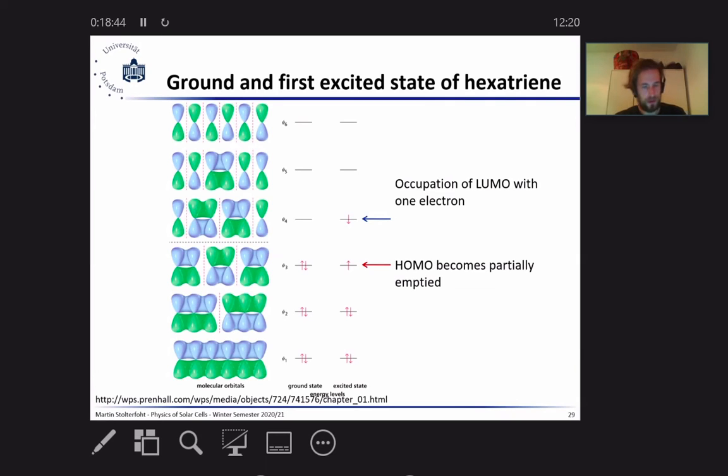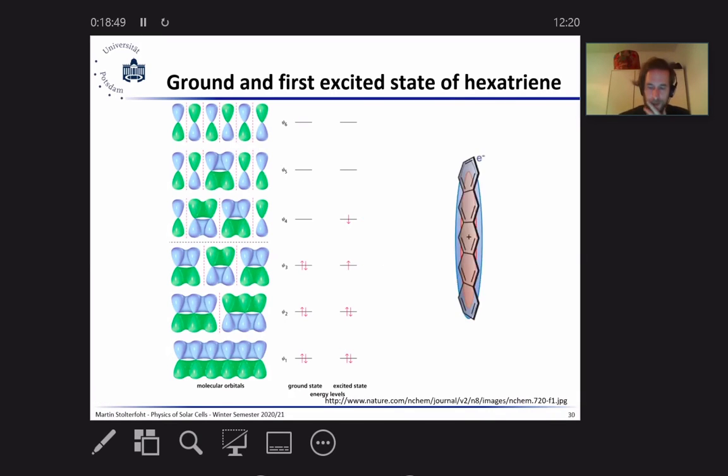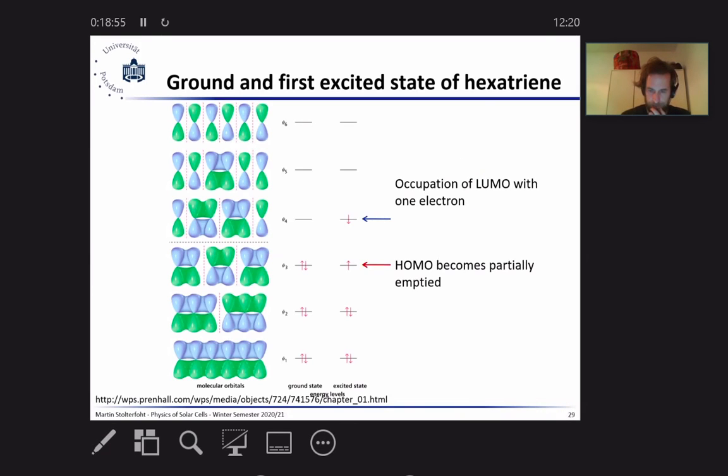Okay, this goes on and discusses ground and excited states. Ground state and excited state. The excited state has a free electron in the LUMO, and the HOMO is partially emptied in the excited state.